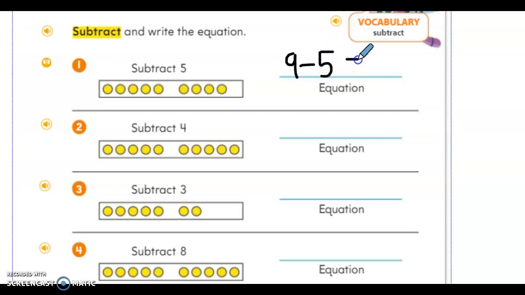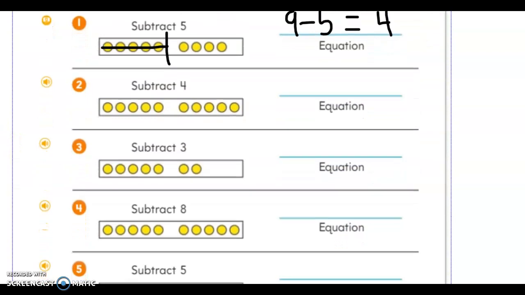And then we're going to put our equals, and then we have to figure out what's over here. So let's subtract 5. 1, 2, 3, 4, 5. Break apart, cross it off. How many are left? 1, 2, 3, 4. So our equation says 9 minus 5 equals 4.